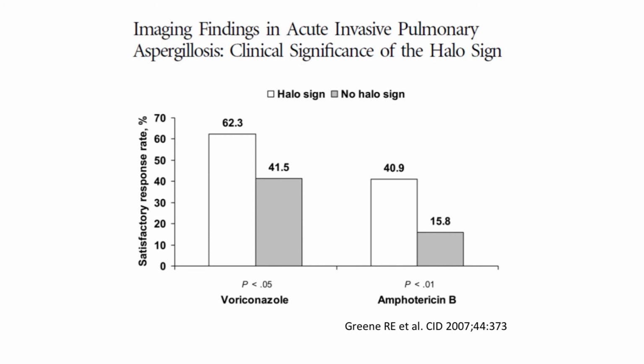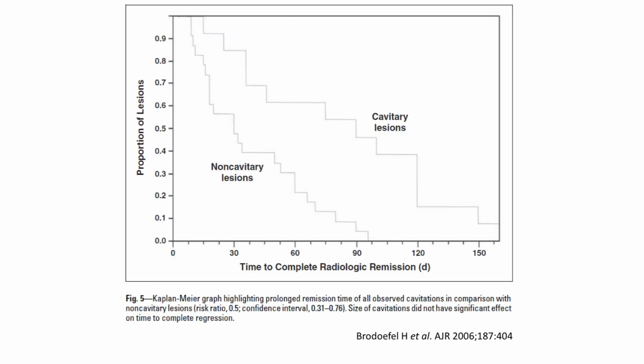This slide was also shown by Yi-Chun. This is by Reginald Greene from the Global Aspergillosis Study. No matter whether the patient was randomized to the AmBisome arm or the voriconazole arm, those who had the halo sign survived better. And similarly, if you look at cavitation, it is also a good sign.